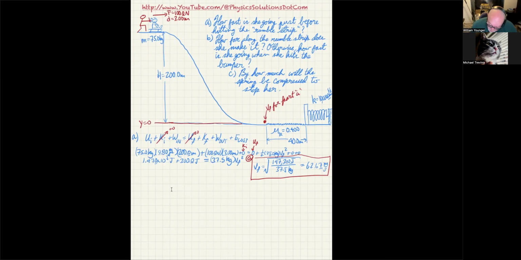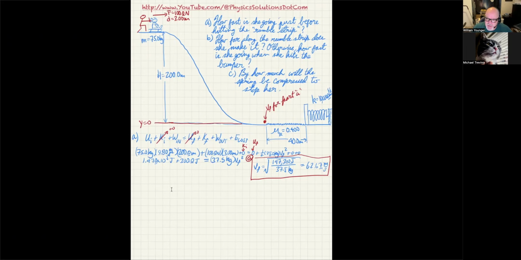It says, how far along the rumble strip does she make it? So what we're looking at here is, does she have enough energy to make it for the whole 40 meters? If she did, then the E loss, or the work out, whichever one you wanted to consider it for the rumble strip, what we'd have to find out is whether her energy on the left-hand side of the conservation of energy equation is bigger than the energy that she would expend in going the full 40 meters.